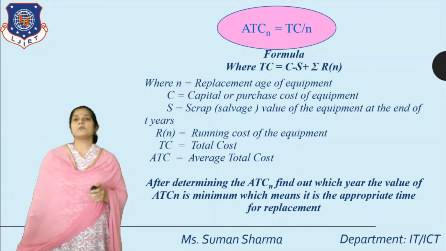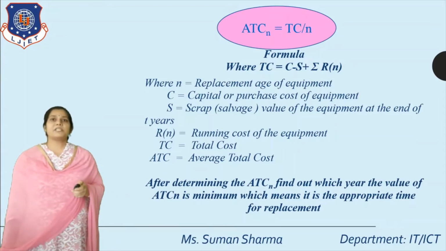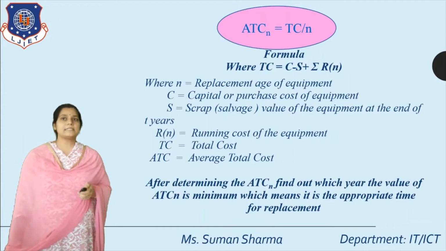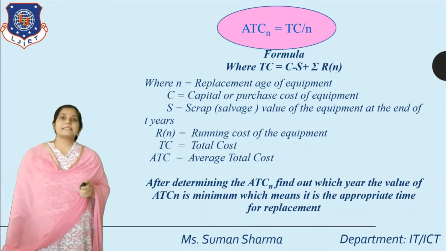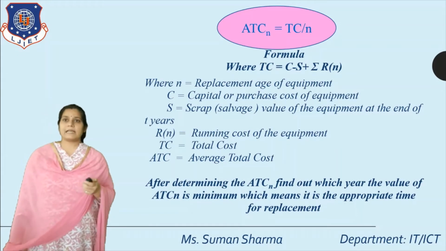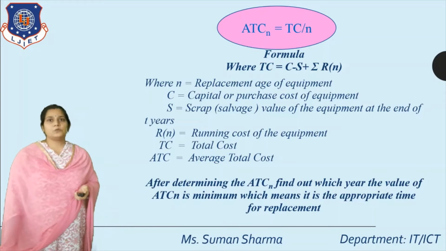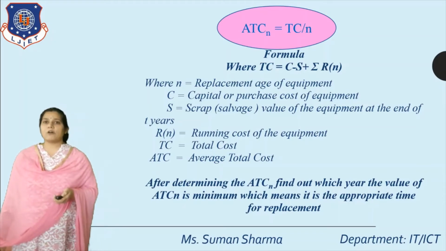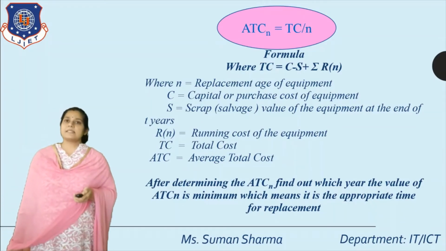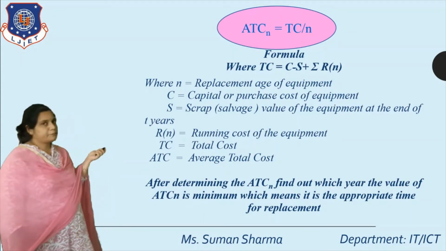The formula of the total cost is C minus S plus summation Rn. C is the capital, that is the cost price, and S is the scrap value, where n is equal to the replacement age of equipment. Capital C is equal to the capital or purchase cost of equipment.